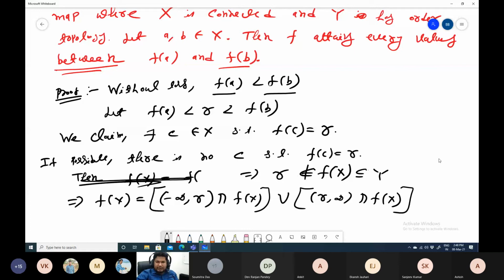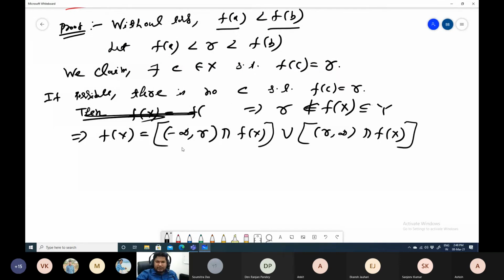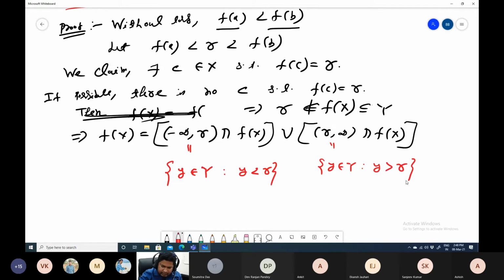What is this interval? This is not an interval in R. What does it mean? It means all the y in Y such that y is less than r. And this means all the y belonging to Y such that y is bigger than r. So that is the meaning of this. Since r is not in f(X), f(X) can be written as this.